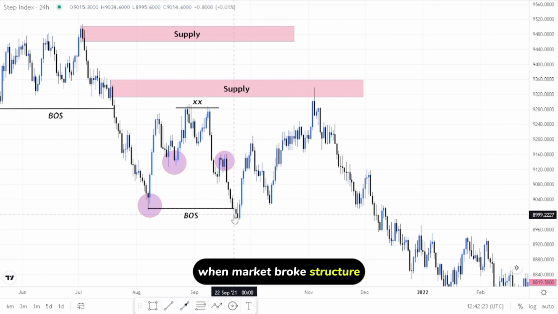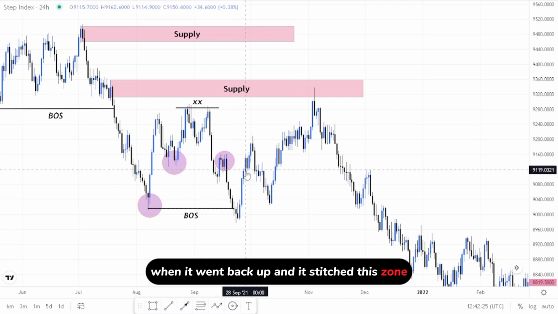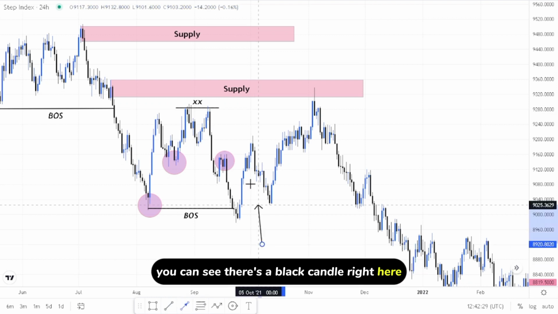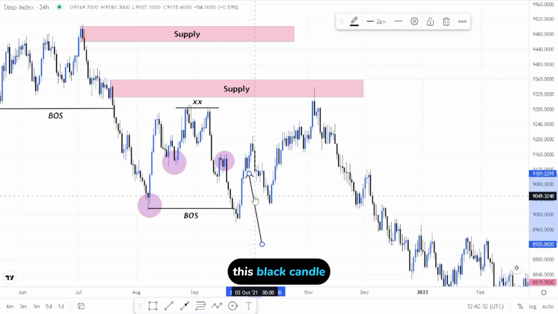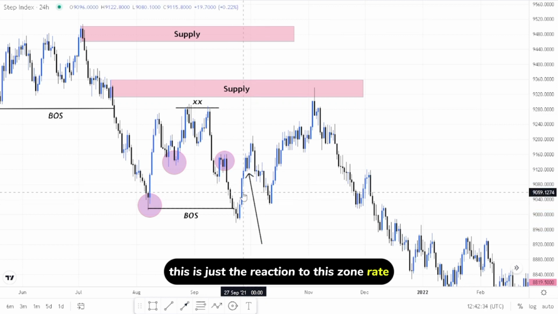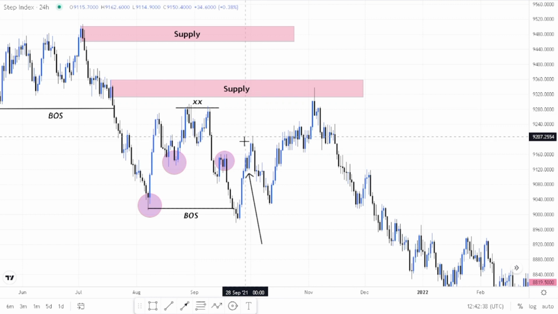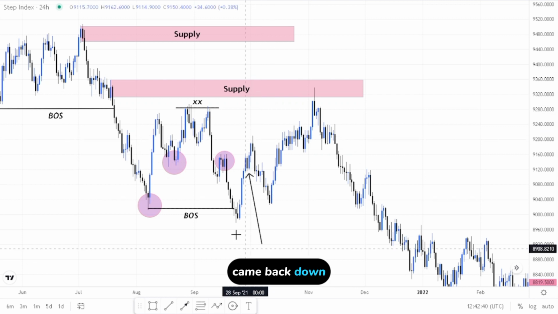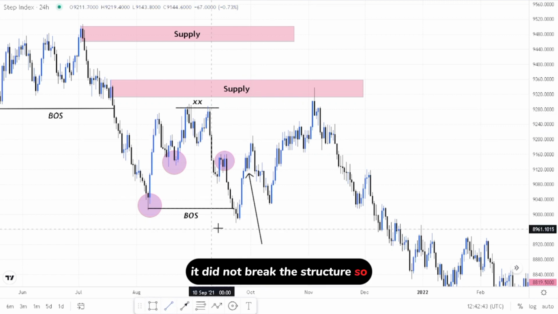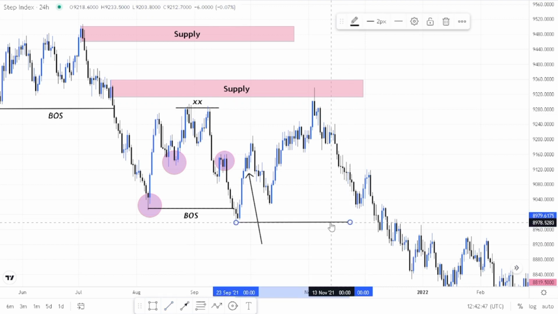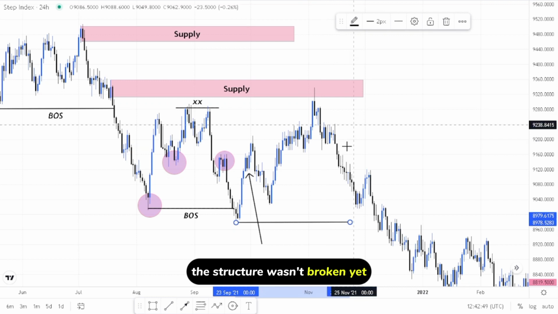When market broke structure, when it went back up, when it tapped this zone, you can see there's a black candle right here. This black candle is just the reaction to this zone. And then it broke this level, then went up, came back down. It did not break the structure, so this structure wasn't broken yet.